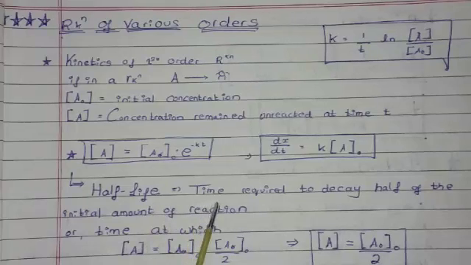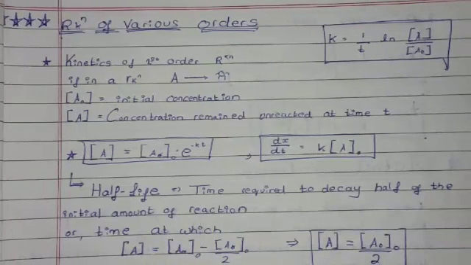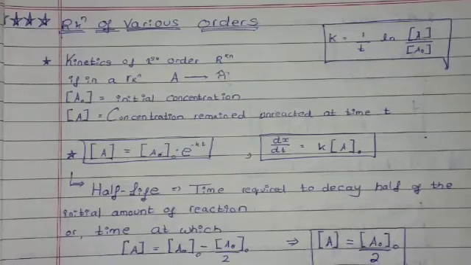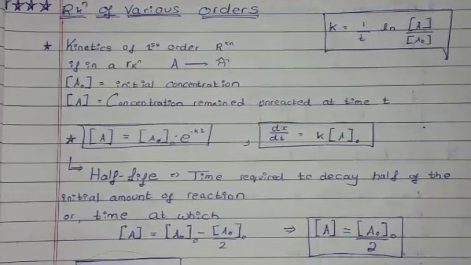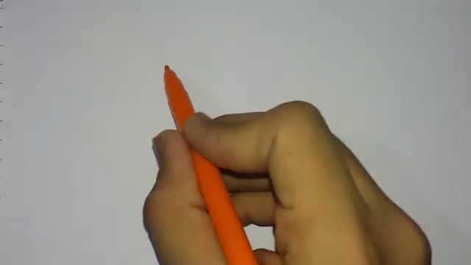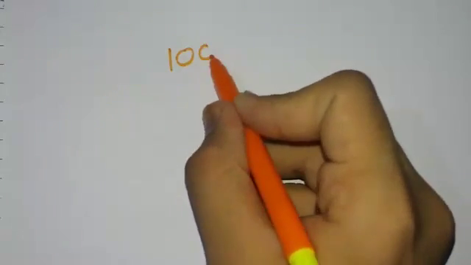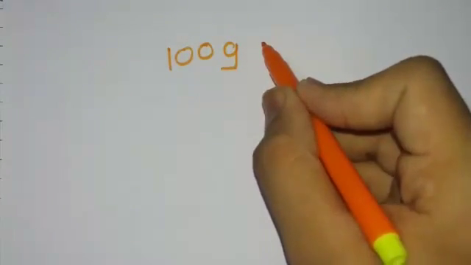The time required to decay half of the initial amount of the reactant, that is, concentration of A equals A naught minus A naught by 2, so concentration of A equals A naught upon 2. To explain half-life, let me give you a simple example. Suppose I have 100 grams of uranium.